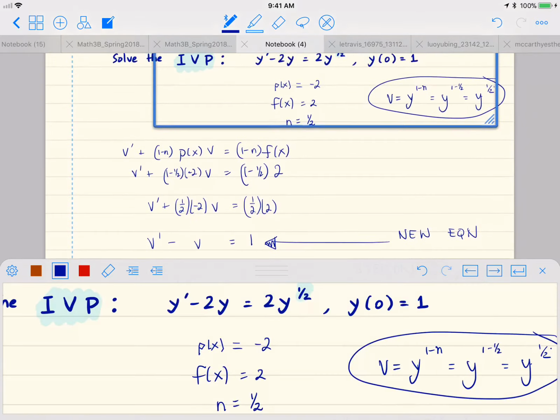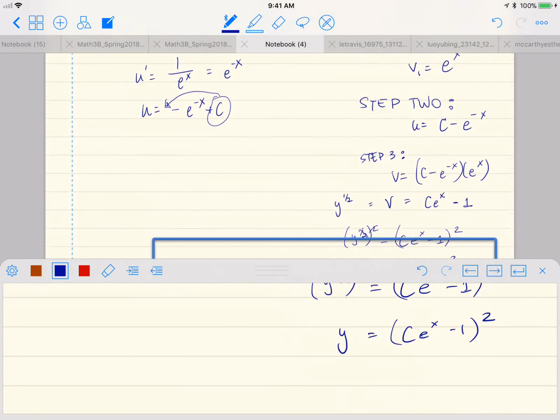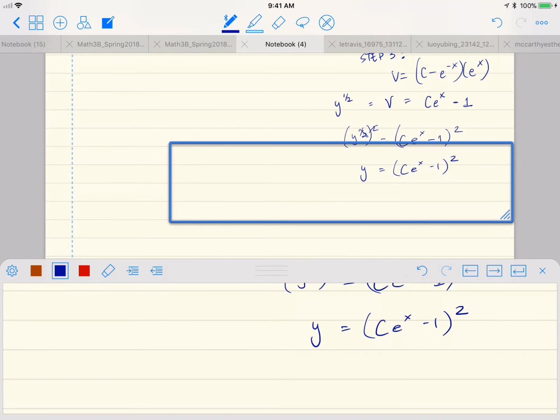And now, because it's an initial value problem, we say, well, y of 0 is equal to 1, so this is going to help us to figure out c. So when x is equal to 0, y is equal to 1. So 1 is equal to c times e to the 0 minus 1, quantity squared.